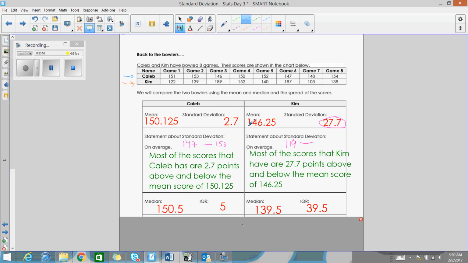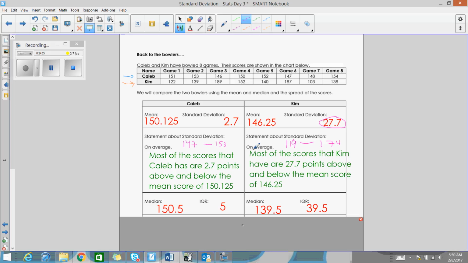And on the high end, 146 plus 27 is 173, or really 174 when you add in the decimals. Holy cow. So the majority of his scores are going to fall between 119 and 174. That's ridiculous. That's like 53 scores that this guy could possibly have, whereas Caleb will score really only 7 different types of scores.